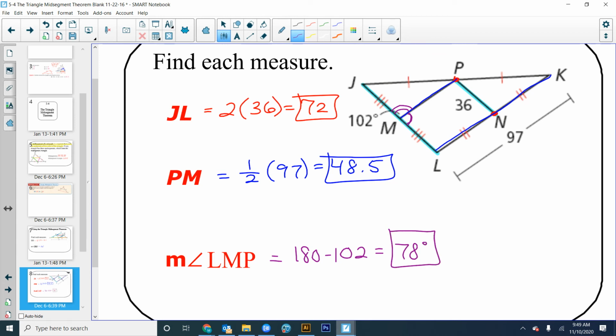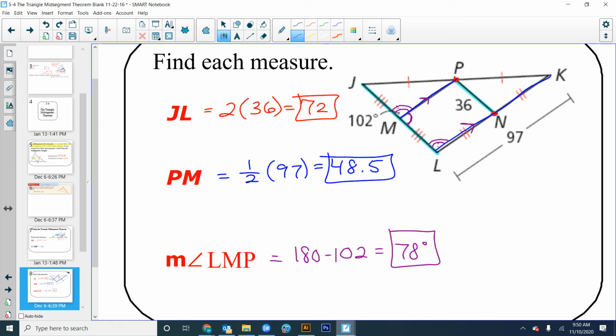I didn't ask this, but what would angle L be? Aren't these parallel? Corresponding, right? 102?